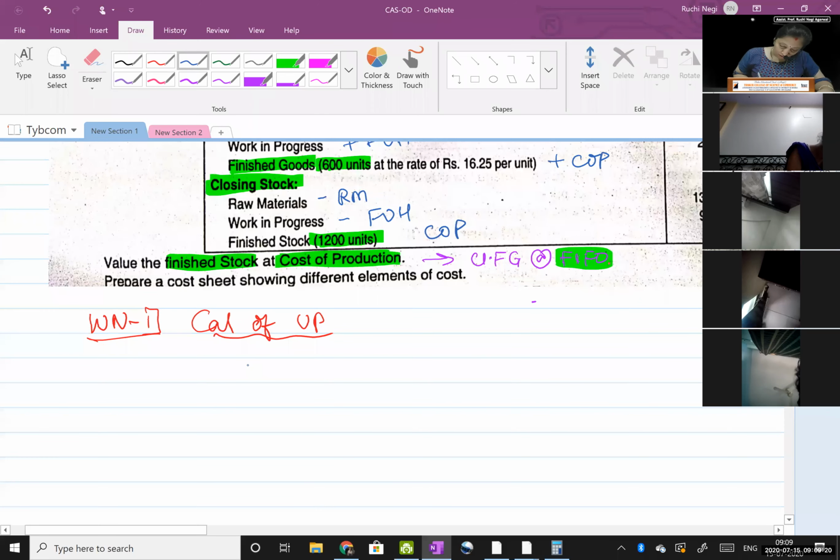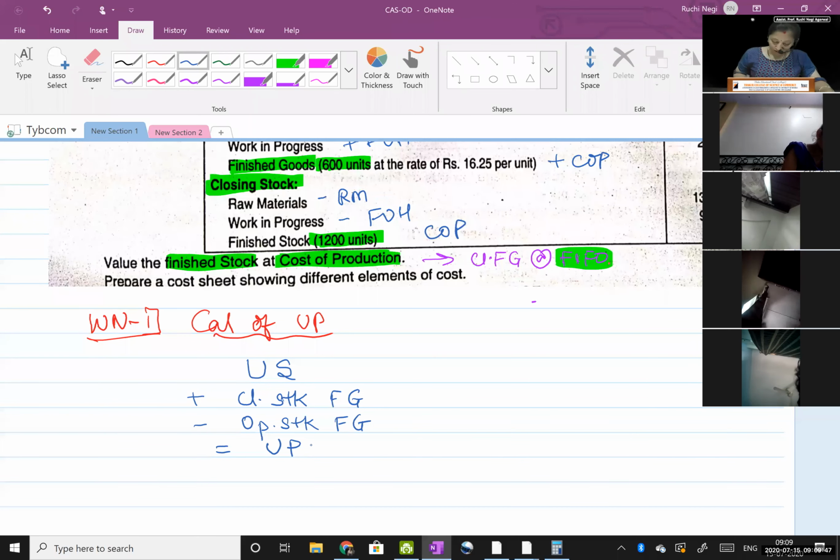So what is the formula? Units sold plus closing stock of finished goods minus opening stock of finished goods will give me units produced. These abbreviations are allowed in exam, you can use these abbreviations. How much is units sold? 9,000.